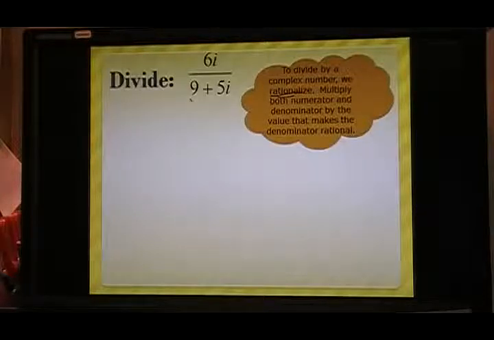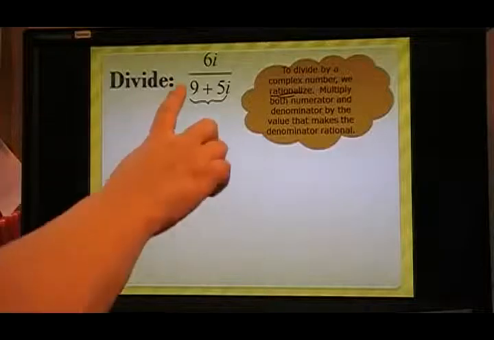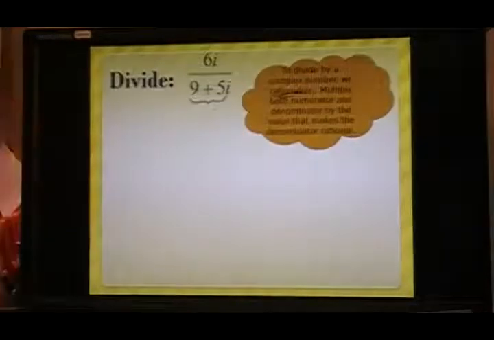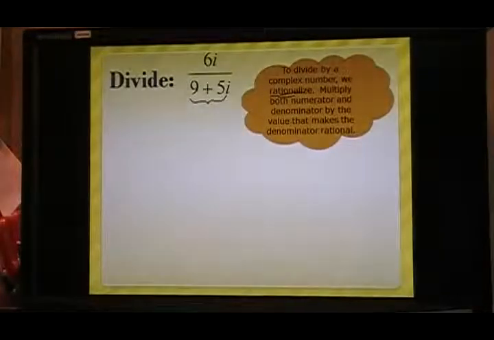And we are going to do this just as we would when we were doing our rationalizing before. If you have this complex number in the bottom, two terms, you are going to rationalize by multiplying by the conjugate.